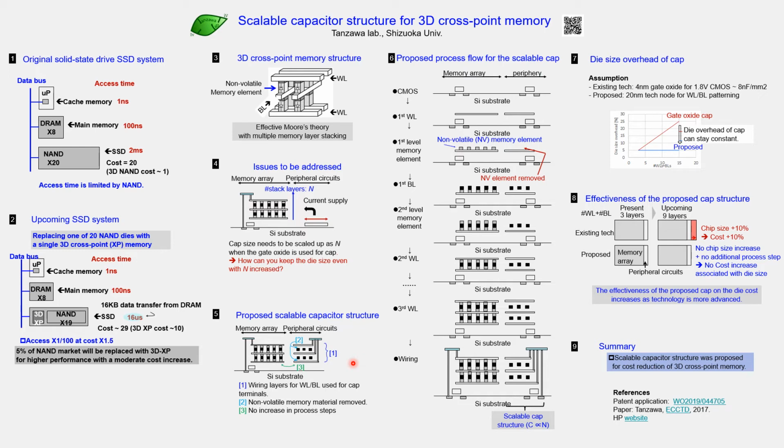So suppose you fully remove the non-volatile memory element from the periphery area, whereas you remain the metal layers for word lines and bit lines, then you will have a scalable capacitor structure in the periphery side.